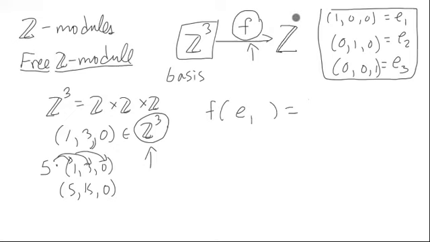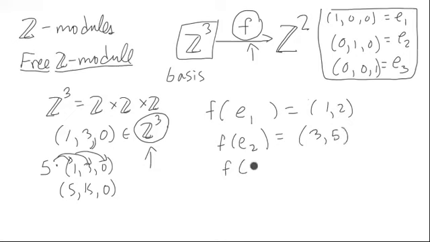Now let's suppose that the codomain is Z^2, so ordered pairs of integers. So the image here could be anything, let's suppose f of e1 is (1, 2), f of e2 is (3, 5), and suppose that f of e3 is equal to (0, 1).